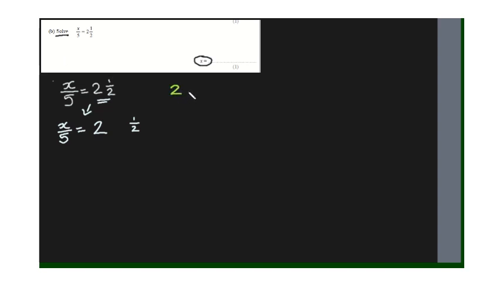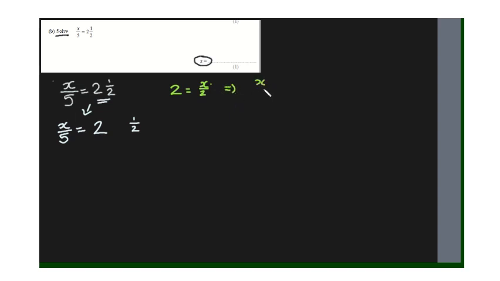A little side part here. How many halves fit into 2? Well, what divided by a half will equal 2? Let's again find out what x is.